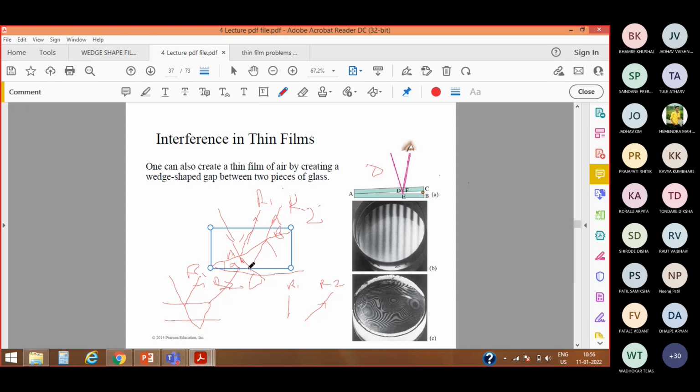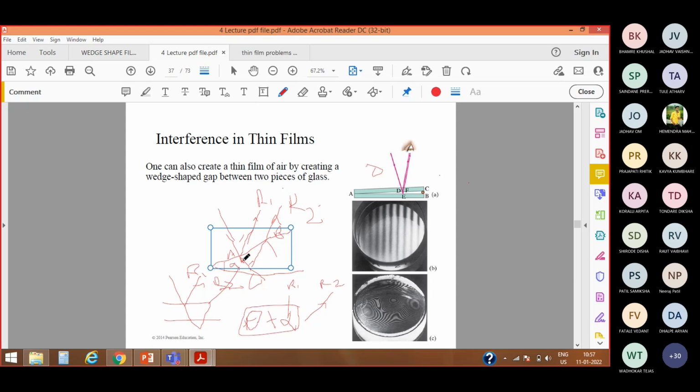So what is the angle by which light is reflected from point C? The angle here is theta plus alpha. Theta plus alpha is the angle made by the ray AC at point C. Okay, so this is another important point.